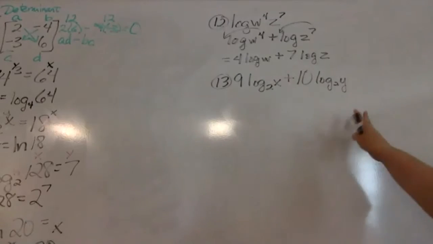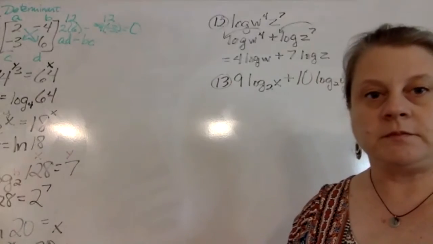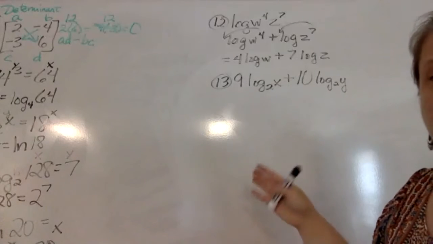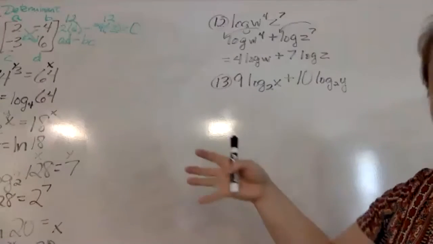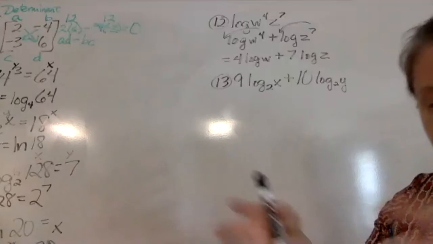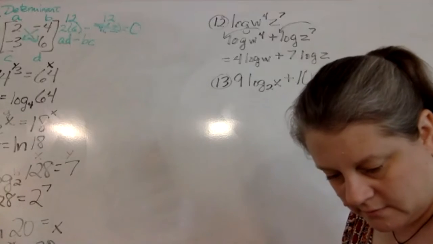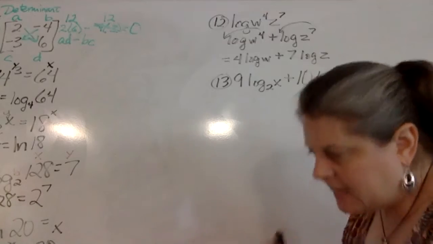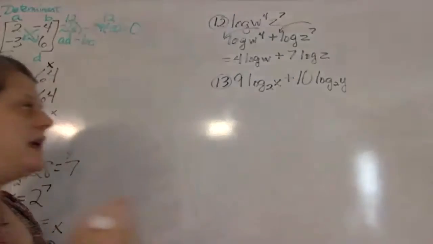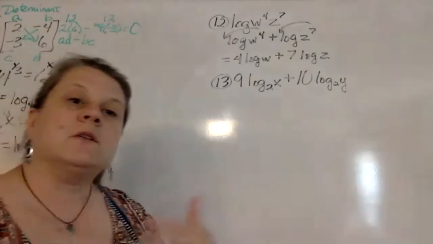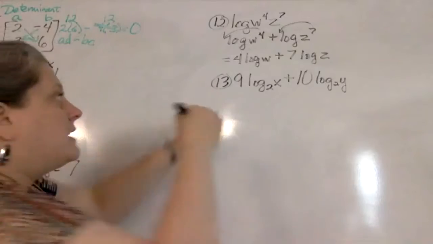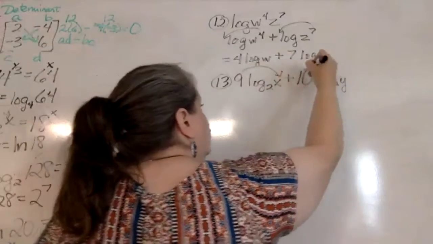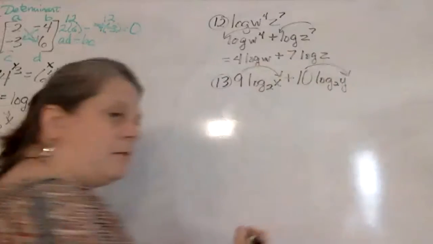Now, on number 13, we're just going backwards. You can tell it's already been expanded, so I got to go back and what they call condense it. We're going back and condensing it. It's the opposite of expanding. So the first thing we do is we work backwards. So if we got a number in the front, we send it over here as an exponent to begin with.